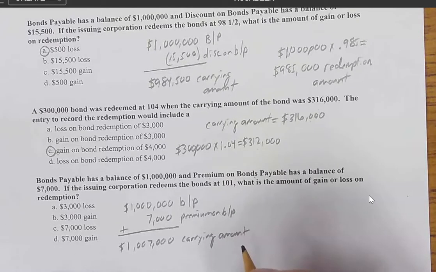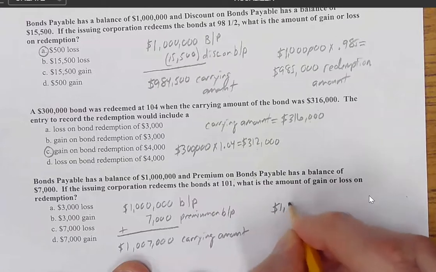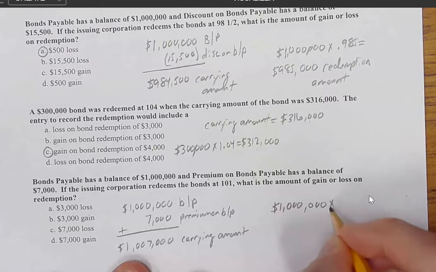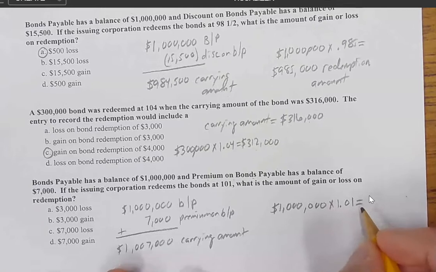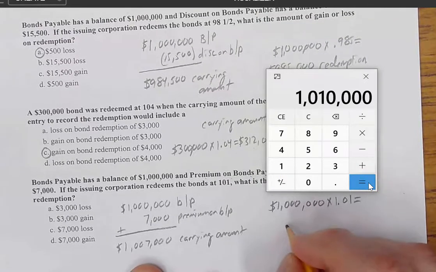So, what is the redemption amount? We take the same $1 million and we're going to multiply it by 1.01. $1 million times 1.01, 101% of a million, equals 1,010,000.